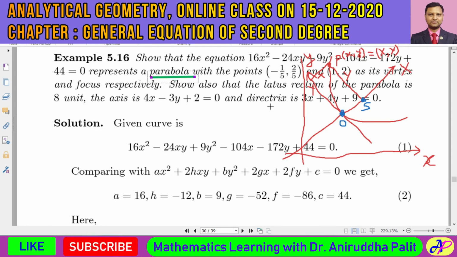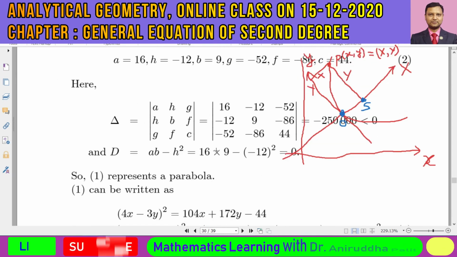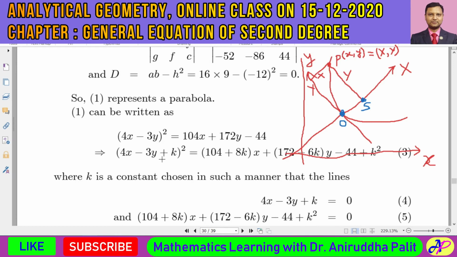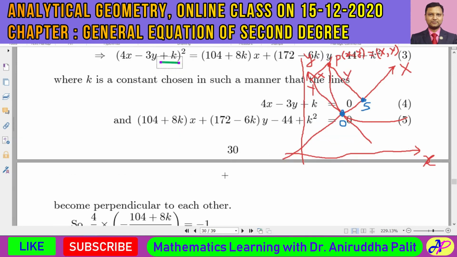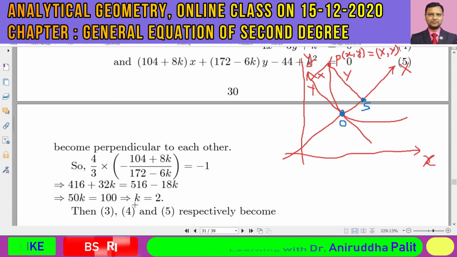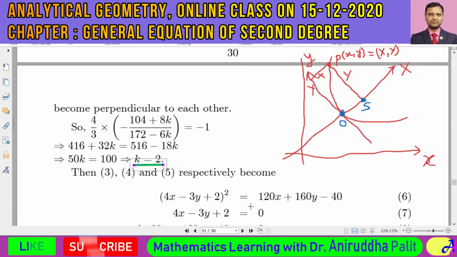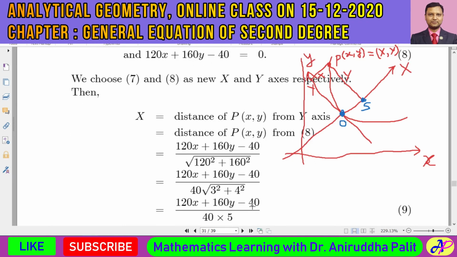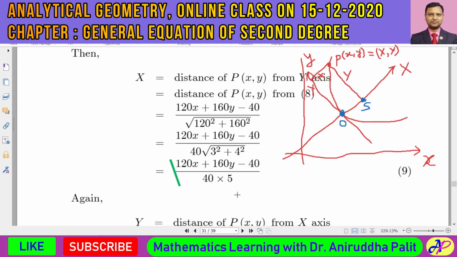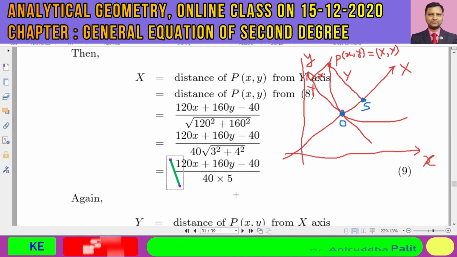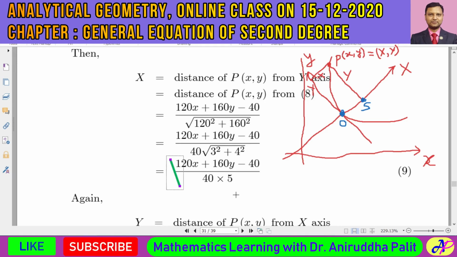Then, to answer the remaining part, we need to convert it into the standard form, and this is the technique. We added one constant k, and ultimately we got k equal to 2. Finally, by different computation, 40 can be taken common, but I didn't take it and cancelled this 40.